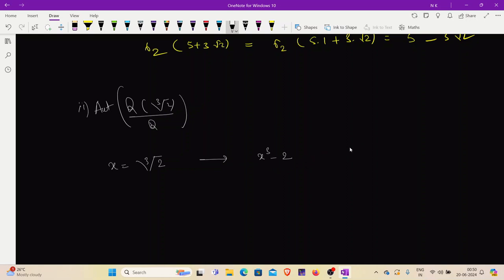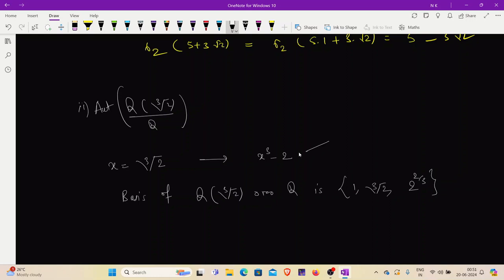So definitely the basis of Q(∛2) over Q will be 1, because cube root of 2 to the power 0 is 1, then the first power is the cube root of 2, and then the second power is 2 raised to 2 by 3. So this is the basis of Q(∛2) over Q, right?